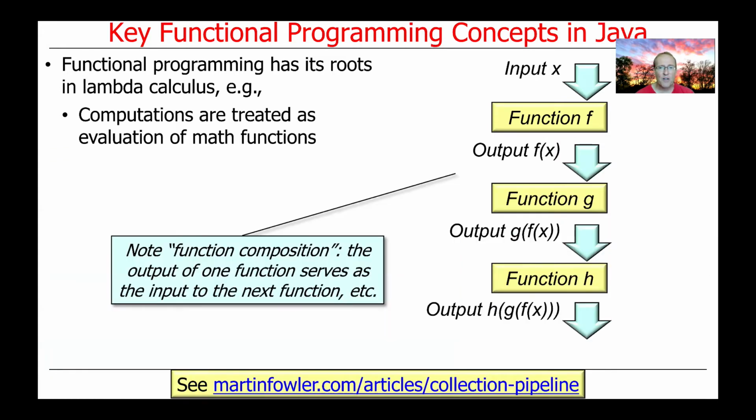One of the other things you can do with a functional programming model is you can compose the functions together. So the output of one function is connected to the input of the next function. And this forms what's often known as a pipeline, where you can pipe things together.